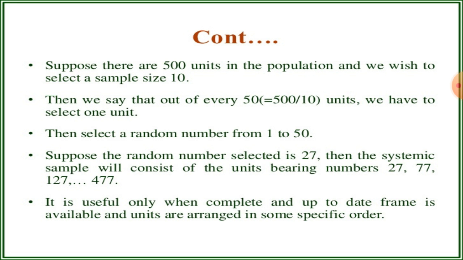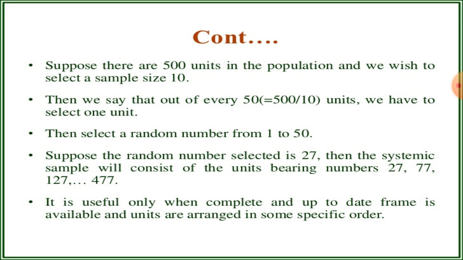Suppose there are 500 units in the population and we wish to select a sample size of 10. Then we see that out of every 50, that is 500 by 10 units, we have to select one unit. Then select a random number from 1 to 50, and suppose the random number selected is 27.